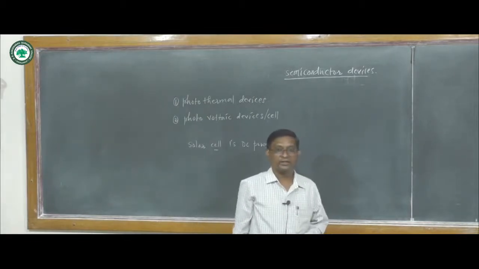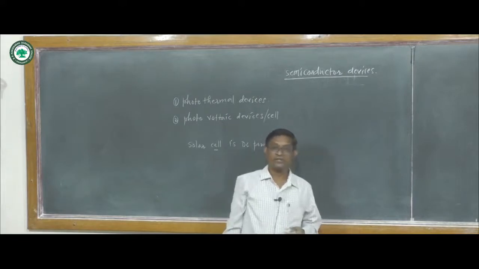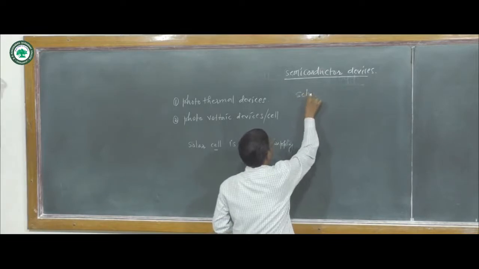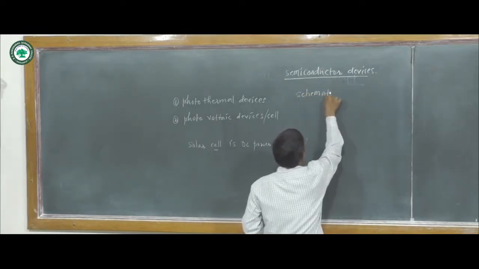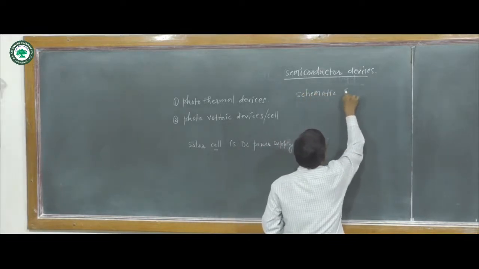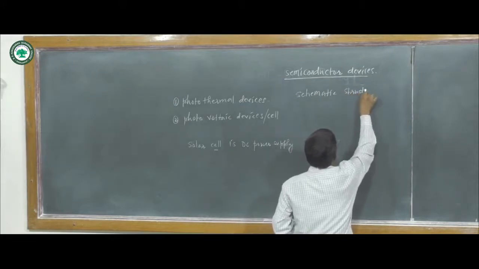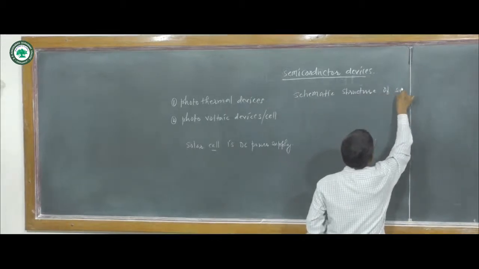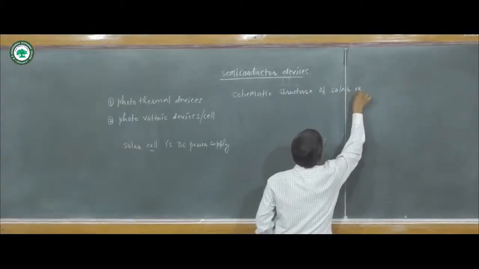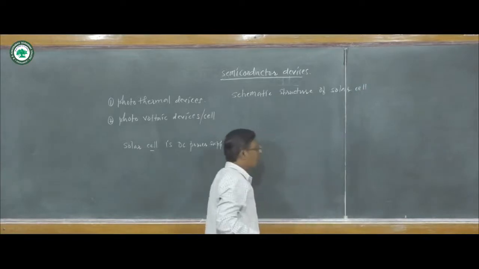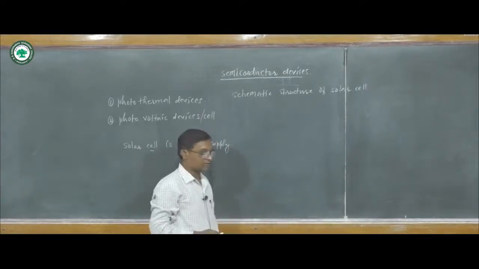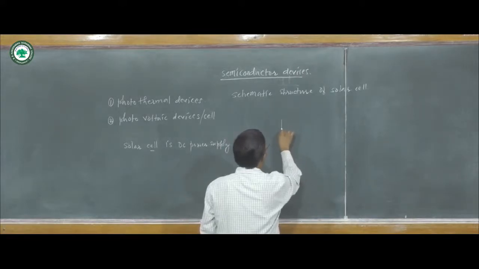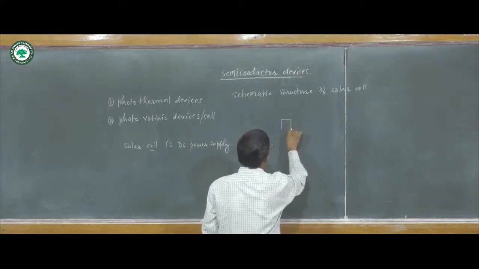Let us see the construction of this solar cell, the schematic structure. The solar cell consists of a PN junction.